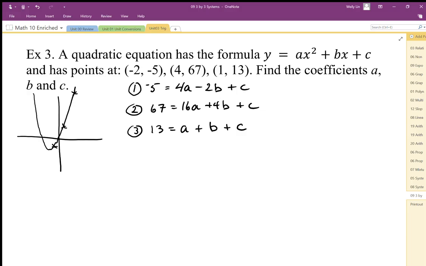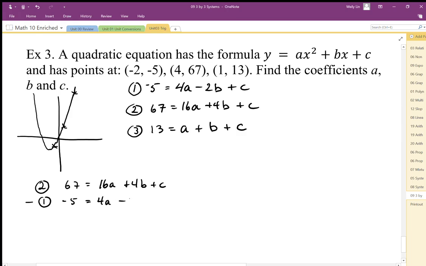So I'm going to solve this system. It looks like c is going to be the easiest one to get rid of, so I'm going to do equation number 2 minus equation 1. So I end up with 67 equals 16a plus 4b plus c, minus -5 equals 4a minus 2b plus c.